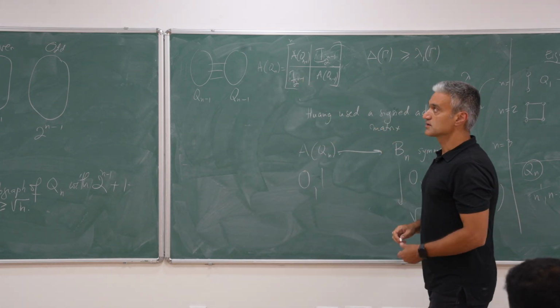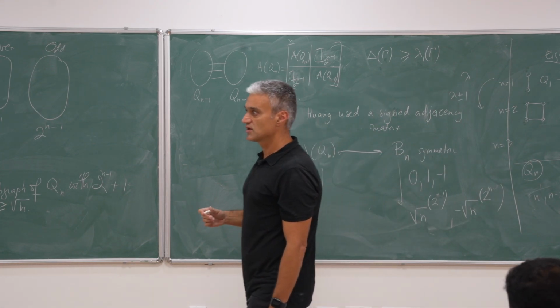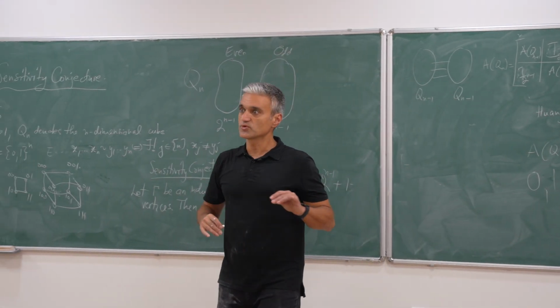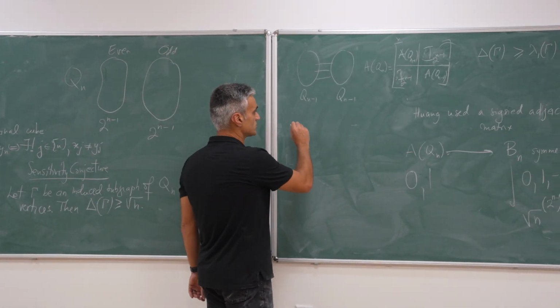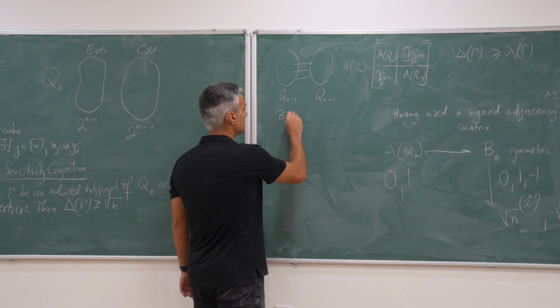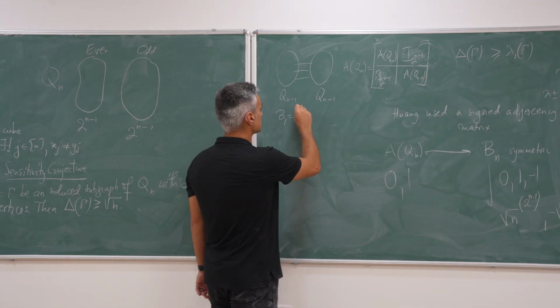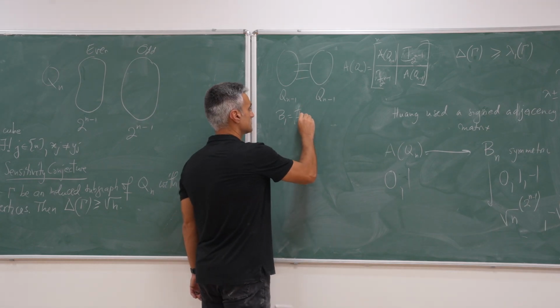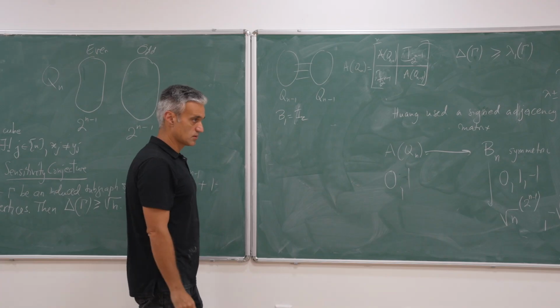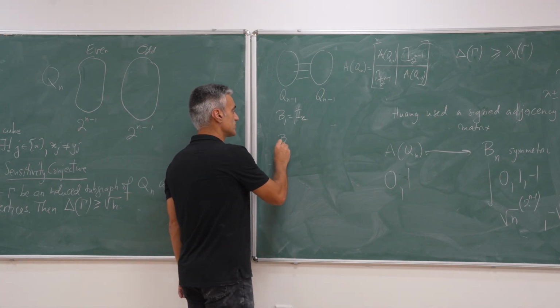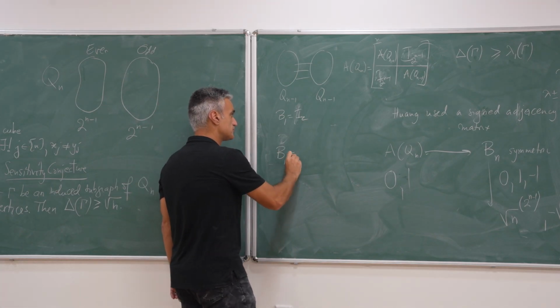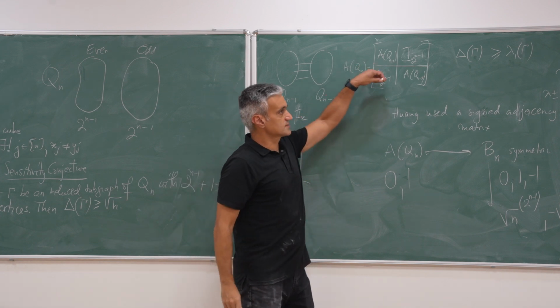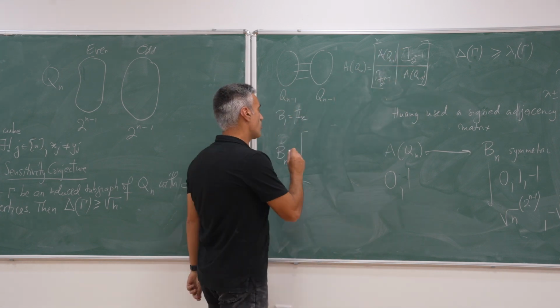Okay? Now he did the same thing to create this signed adjacency matrix. B_1 is the one for the first cube. It's identity I_2. Nothing fancy there. Now in general, let's give you B_n. You look at this picture here, you will do almost the same thing.